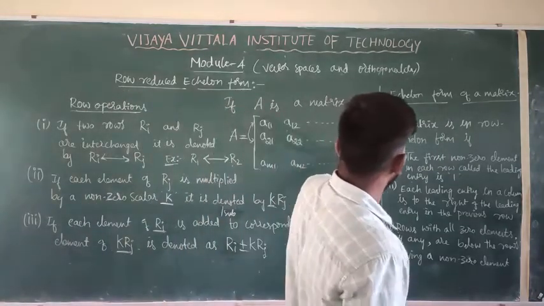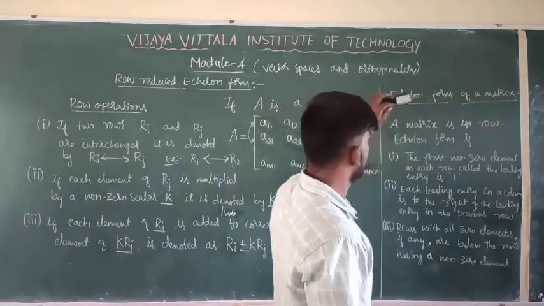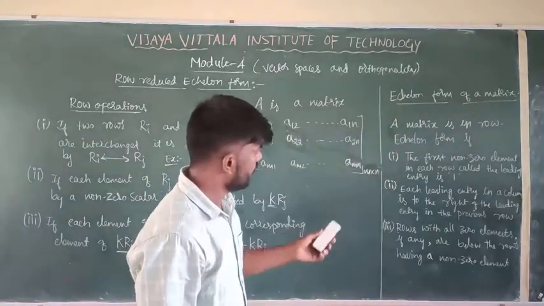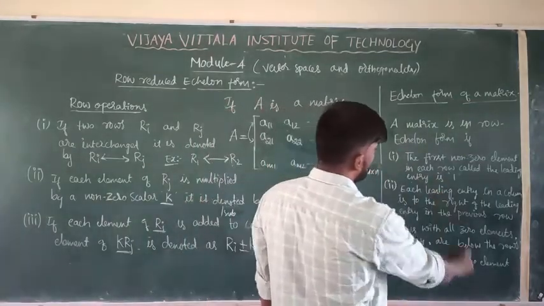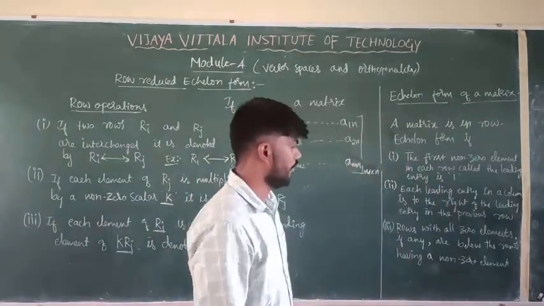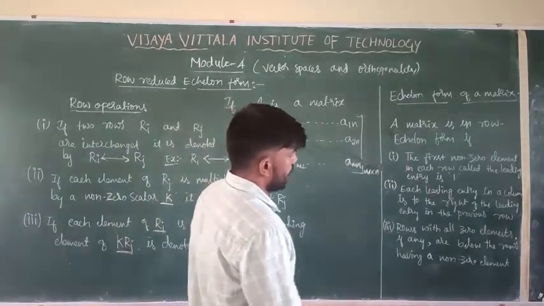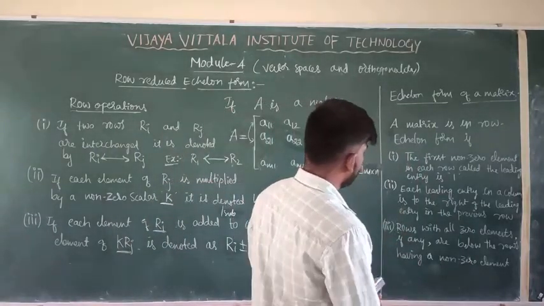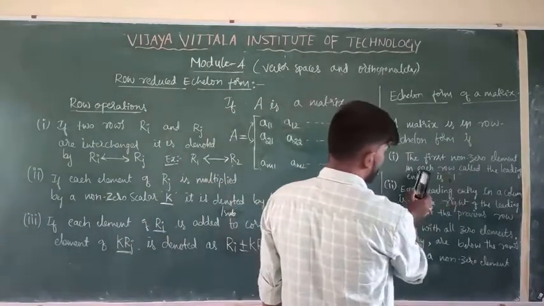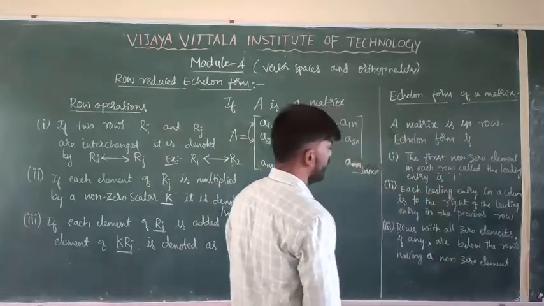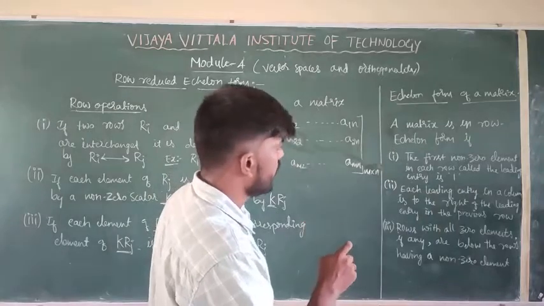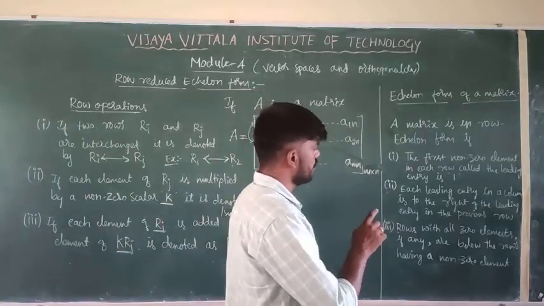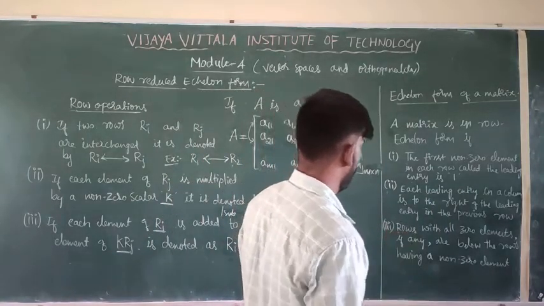Next, we will see the echelon form of a matrix. How does the echelon form of a matrix look? A matrix is in row echelon form if the first non-zero element in each row, called the leading entry, is 1.